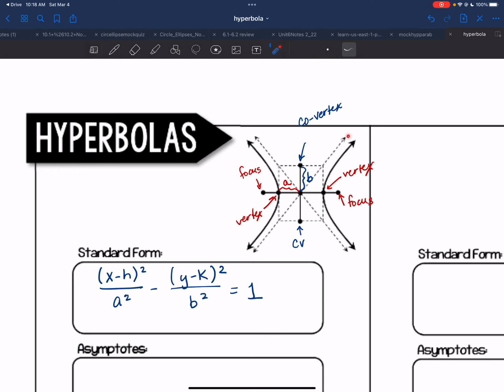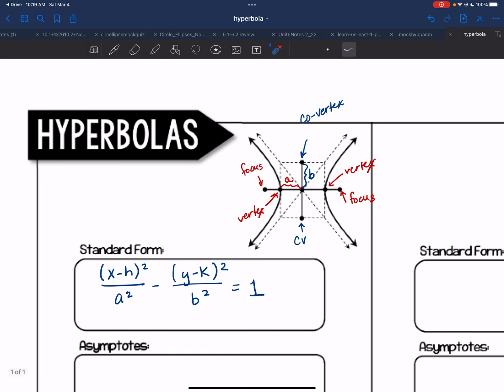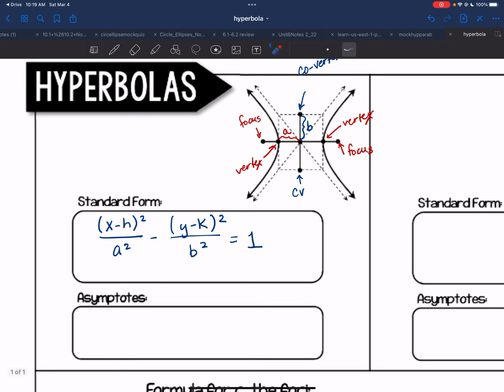And that box, if you take a look right here from corner to corner through the center, that box creates those asymptotes so that you know exactly where your hyperbolas are going. Remember that your hyperbola sits on the vertex, and then it's going to go towards your asymptotes without touching.